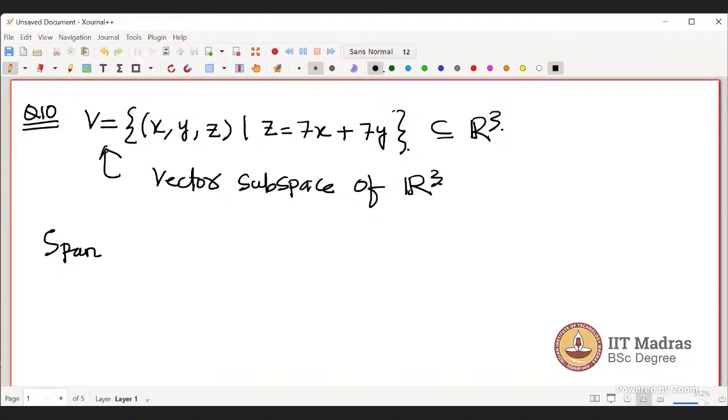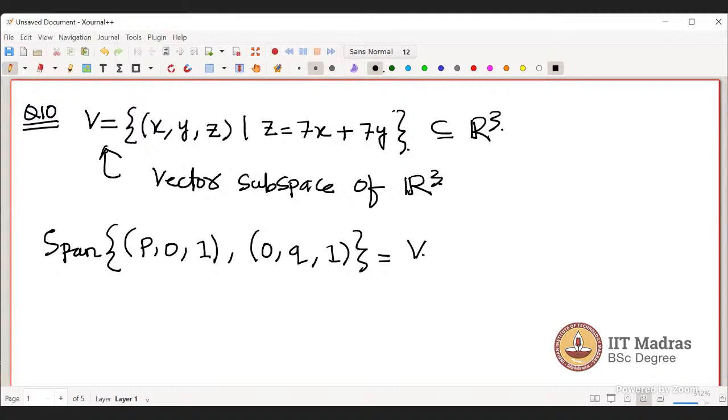Yeah, so it's given that span of (1, 0, 1) and span of (0, Q, 1) is basically V. Then you need to find the value of P by Q, right? Yes, sir.